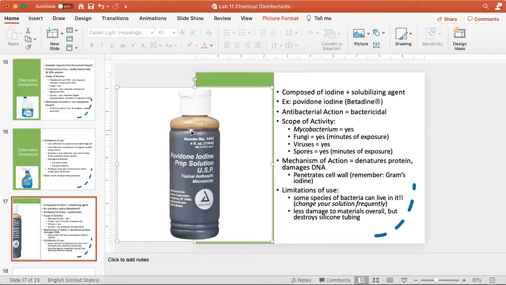We put them on the skin to clean the skin prior to surgery, prior to certain procedures being done, placement of catheters, things like that. So it's very commonly used as an antiseptic, and you can also use it as a disinfectant.